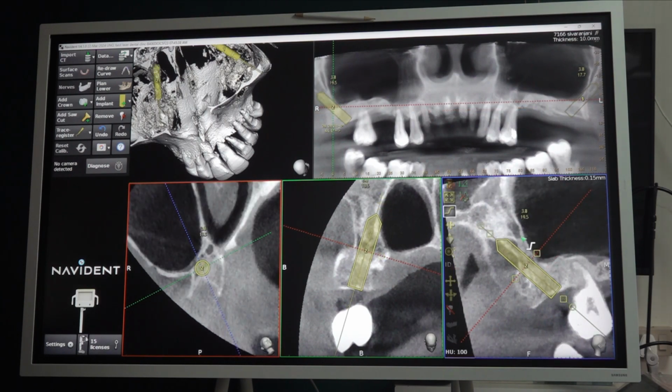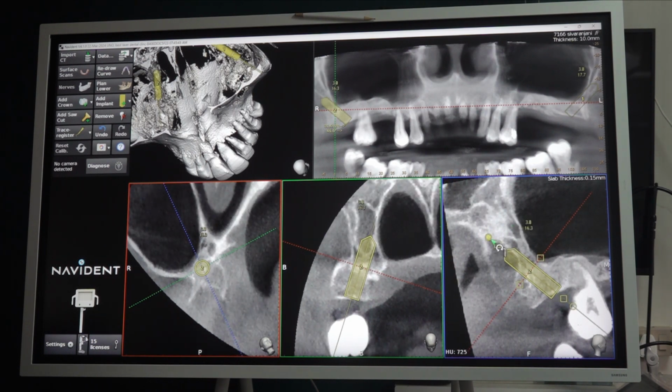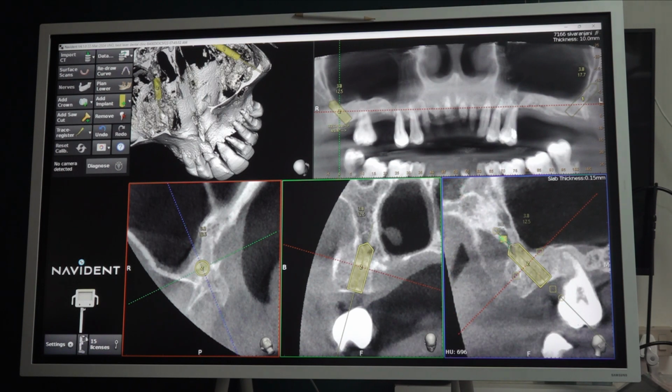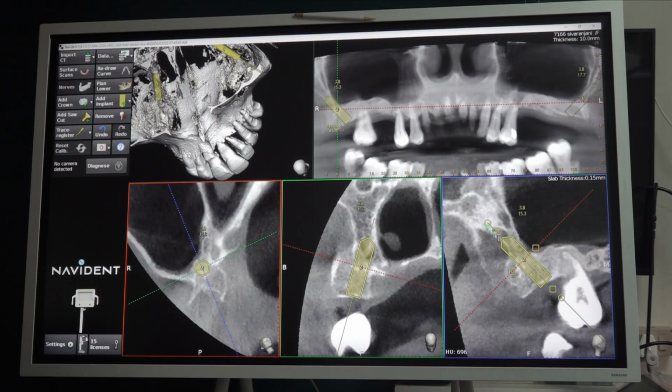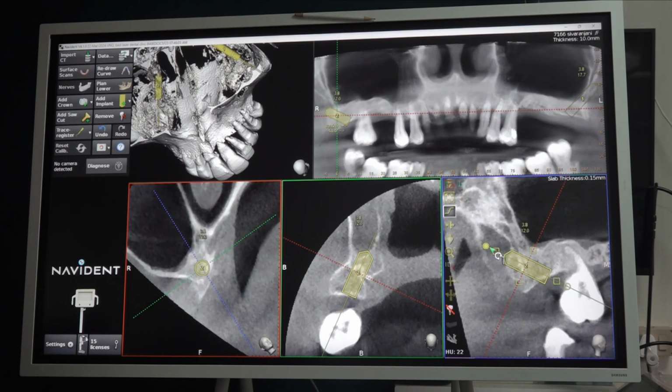Even 20 mm you can place, provided you are going in correctly. Where you feel the drop will tell whether you are correct or wrong. If your drop is very superficial, that means either you are in the sinus or in the space behind the tuberosity, the pterygoid space, right?